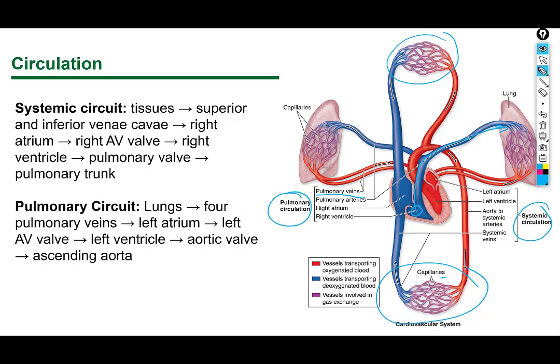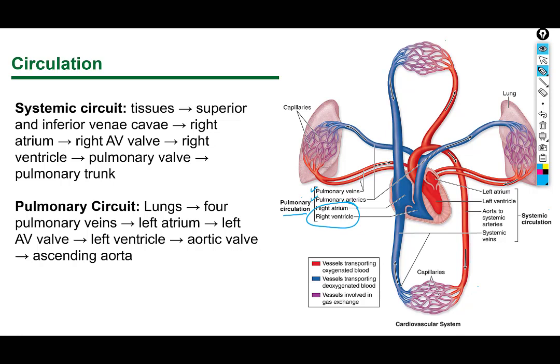So if you look closely at this slide, and I think I mentioned this in Zoom, but I want to say it again because it's a little bit misleading. This is an error in the PowerPoint that I did not catch before I started. It's one of those things where when you look at something so many times, you can't see mistakes as well. So pulmonary circulation includes pulmonary veins, pulmonary arteries, and the right side of the heart.